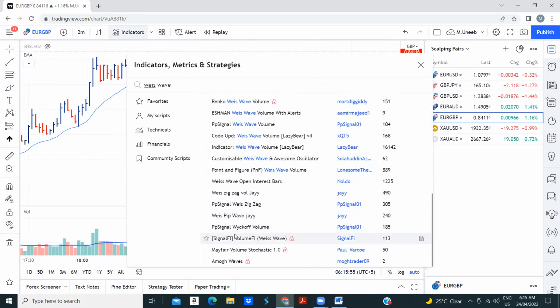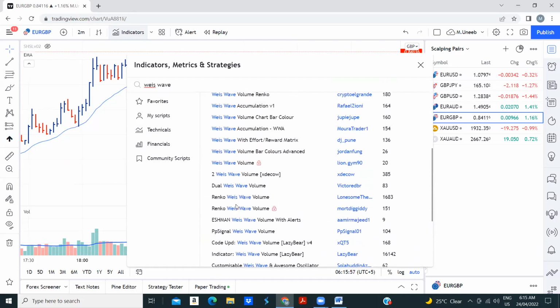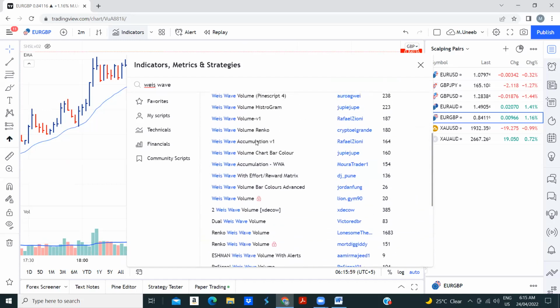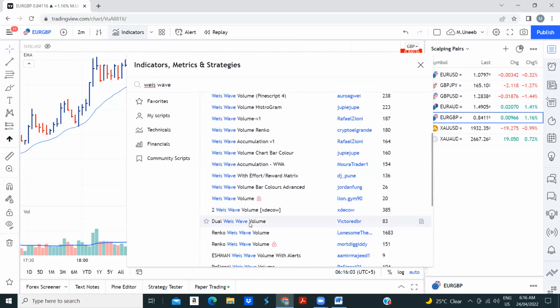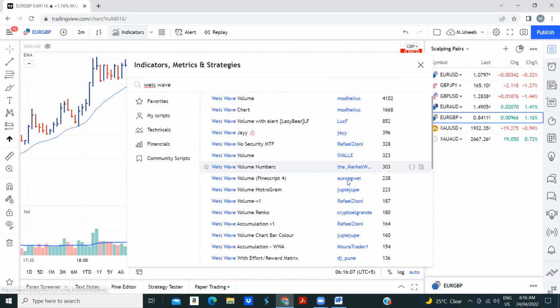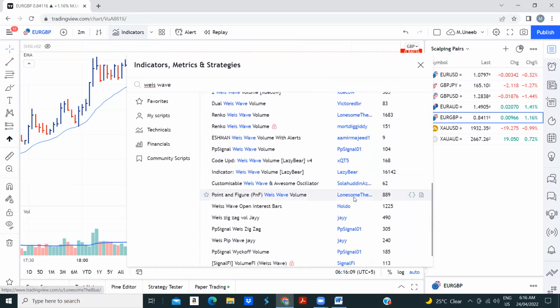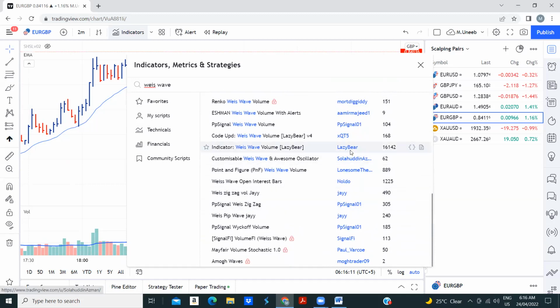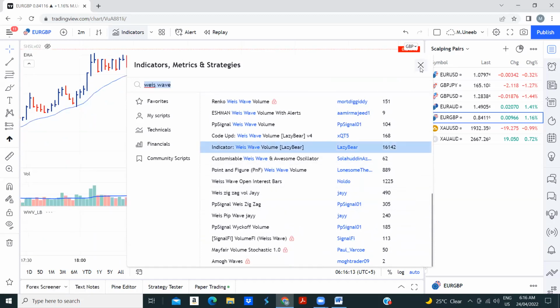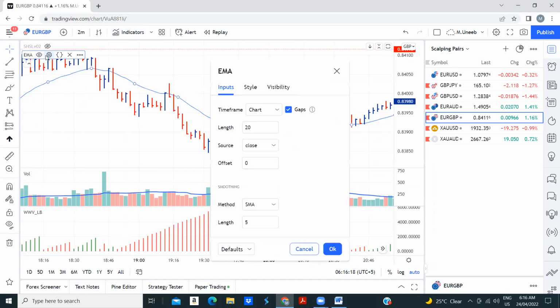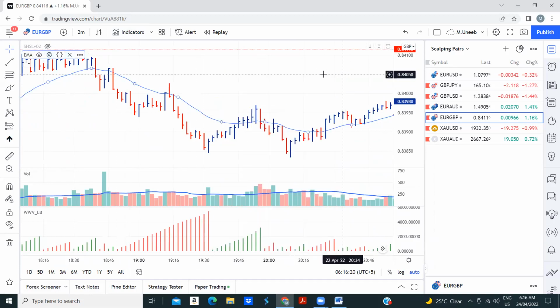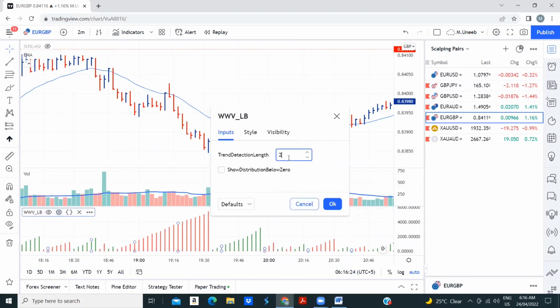It was quoted by my mentor, David Weiss, and made by Lazy Bear. This wave is very powerful because it tells you the direction of the move.